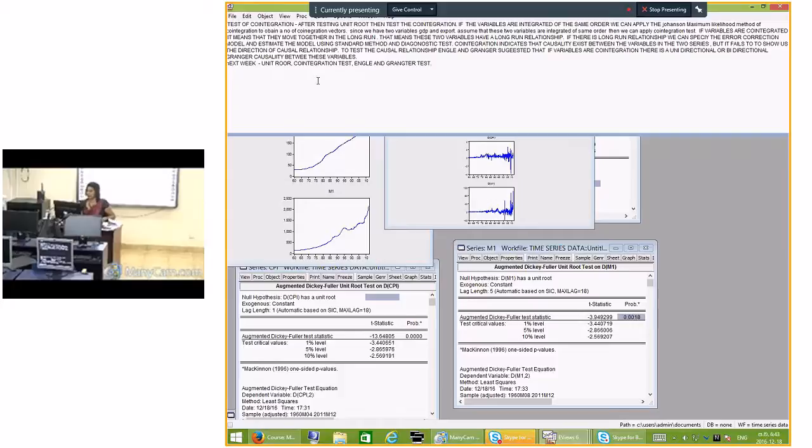I'll give the assignment related to time series data analysis for testing unit root, co-integration, and Engle Granger, and after that the vector error correction model. Right, so if you have time series data, this is the initial first step of your data analysis.